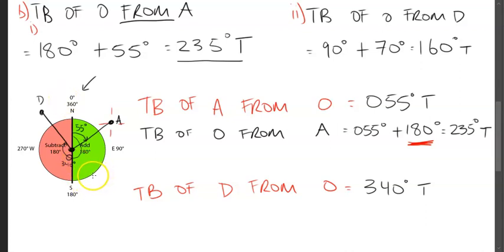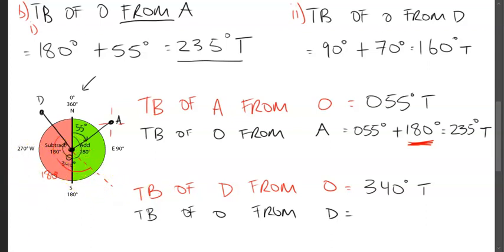We are looking for the opposite of this, the back bearing of this, the true bearing of the origin from D. Again, this is just the backwards version of this here. And again, this degree that we have here, from there to there, is 180 degrees. But we're going backwards. So we have to get whatever this 340 degrees is in the first place and backtrack exactly 180 degrees, so we get back to this point here.